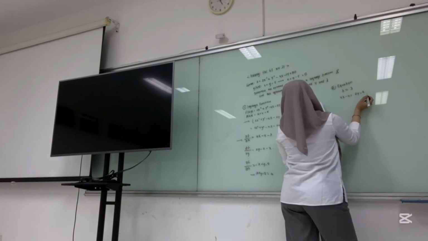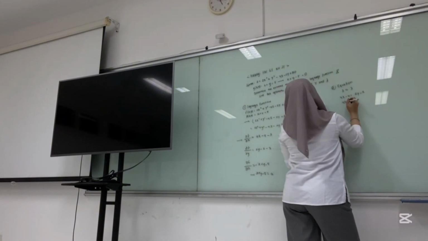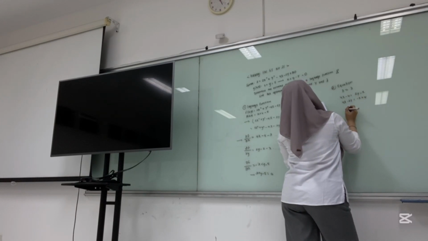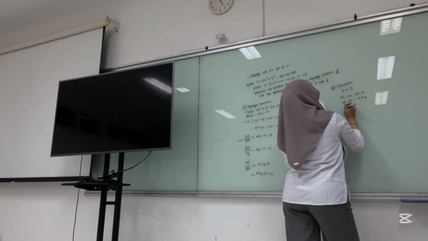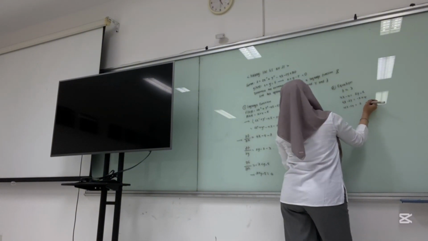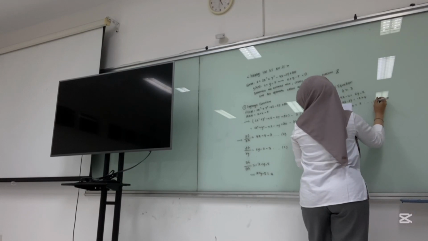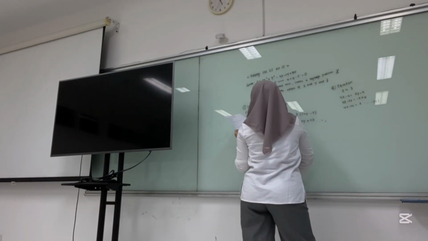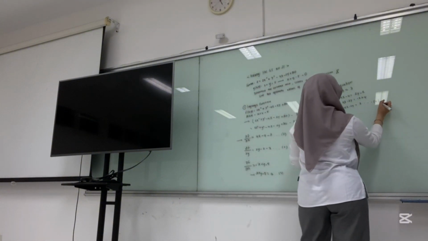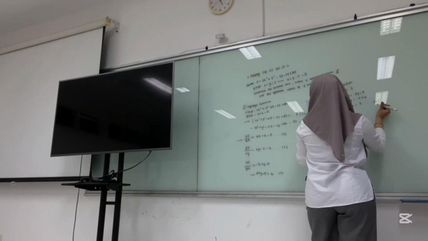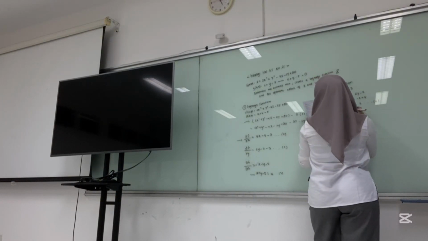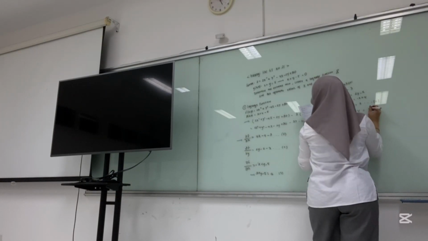We put it in the same terms, so 4x minus 2y equals minus 2 plus 4, which gives you 4x minus 2y equals 2. And with the equation x plus y equals 5.